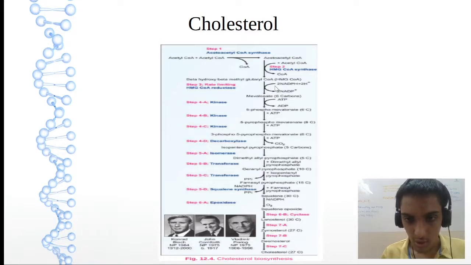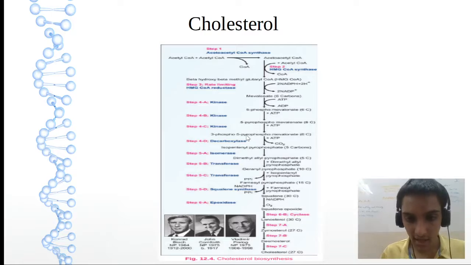So HMG-CoA on reductase will get mevalonate. Mevalonate on kinase, ATP to ADP, 5-phosphomevalonate. Then the same enzyme, same conversion, just the word pyro is added to 5-phosphomevalonate. Basically we'll get 5-pyrophosphomevalonate.